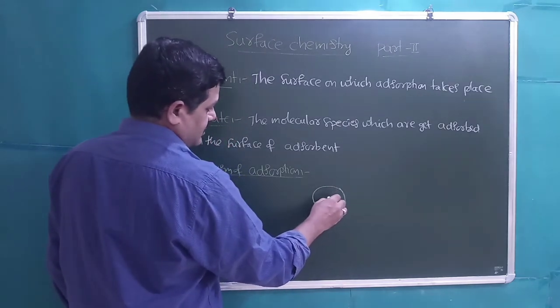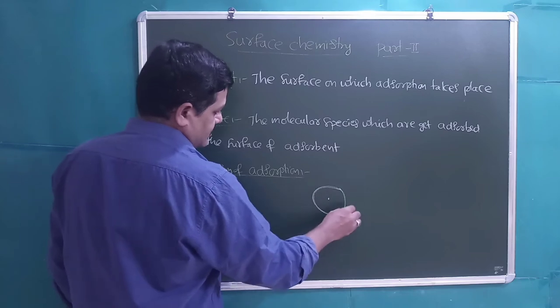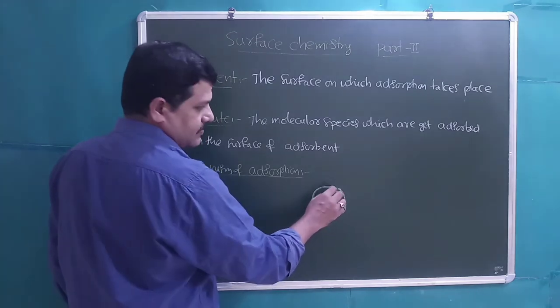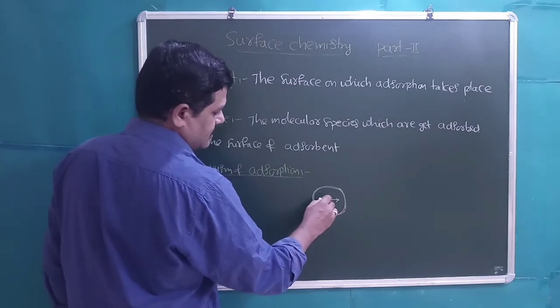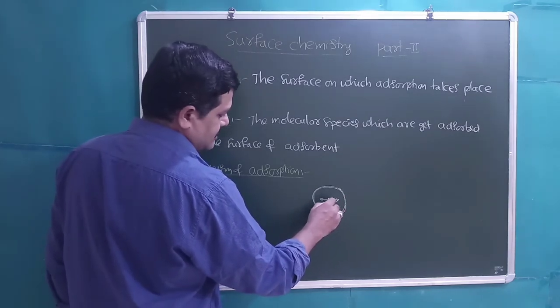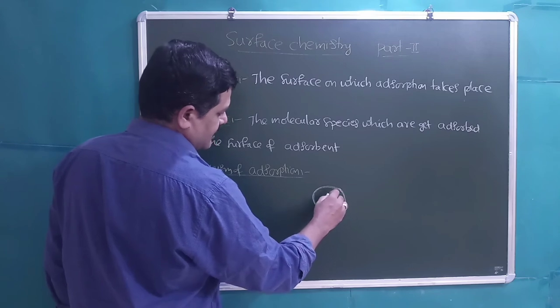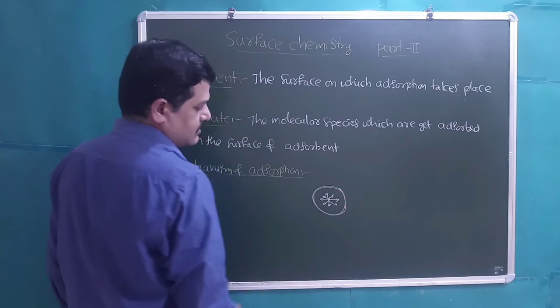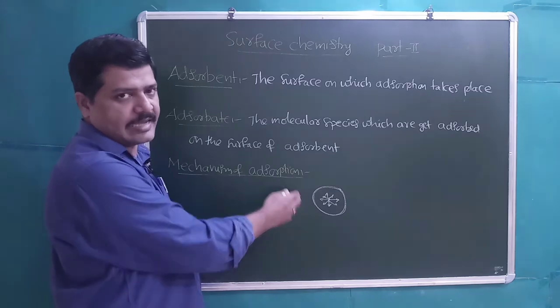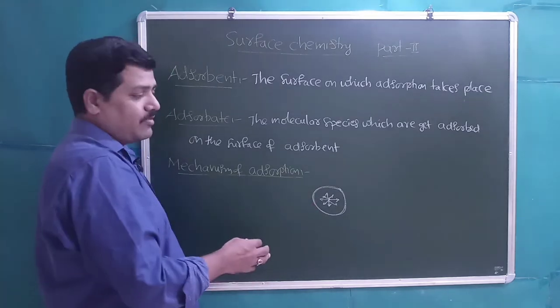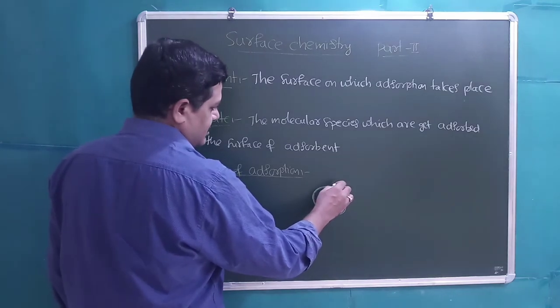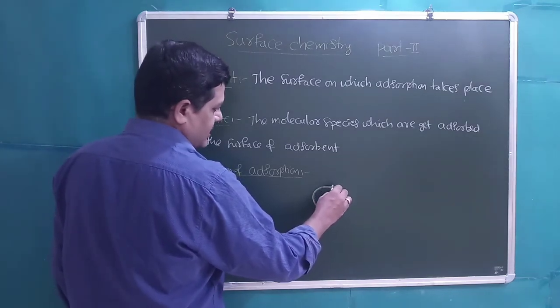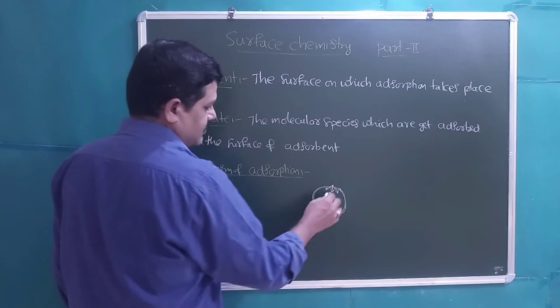The particle in the bulk of the solid has a force of attraction equally from all the directions. Along the x-axis, y-axis, z-axis, it has an equal force of attraction. But a particle on the surface has only inward pull. It has a force of attraction only from downwards.